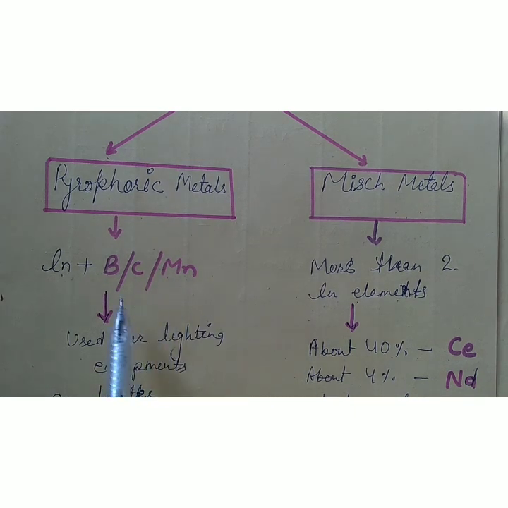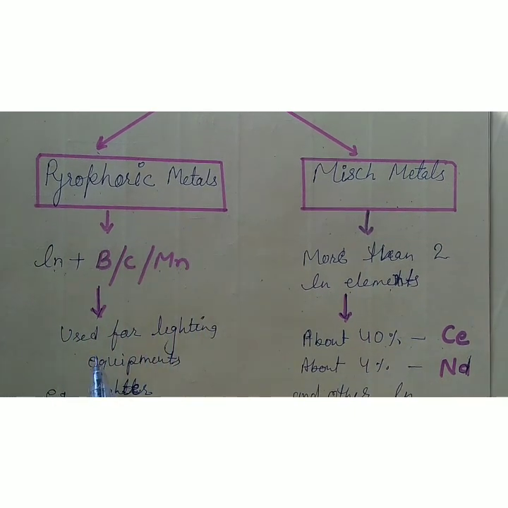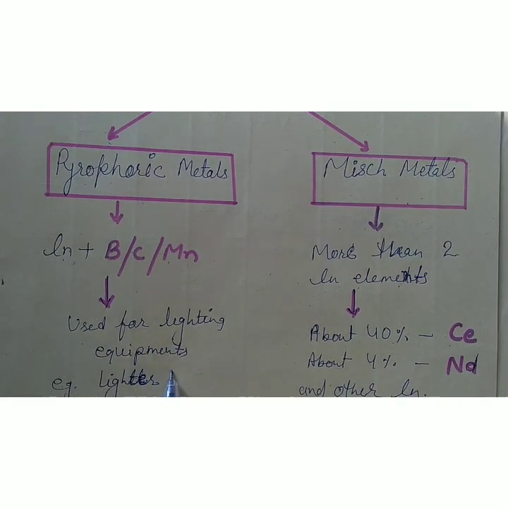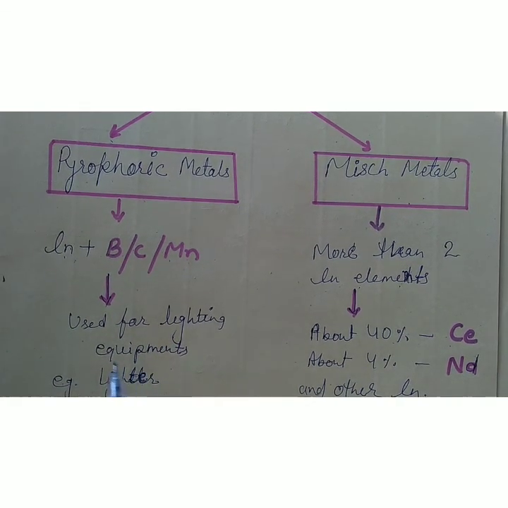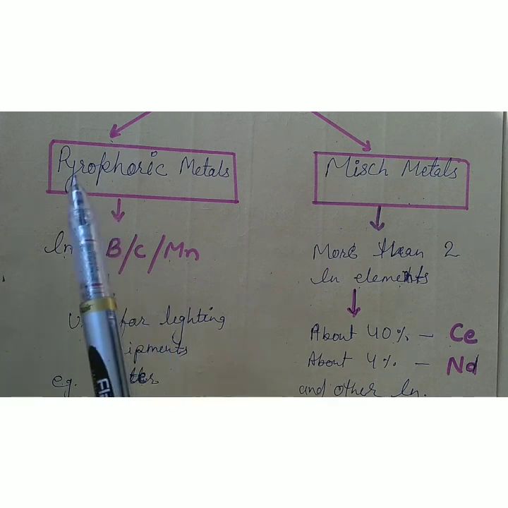These pyrophoric metals are used for lighting equipment, just like the flint of a lighter, which is made of pyrophoric metals. When the surface of a pyrophoric metal is struck, sparking occurs for lighting the fire.